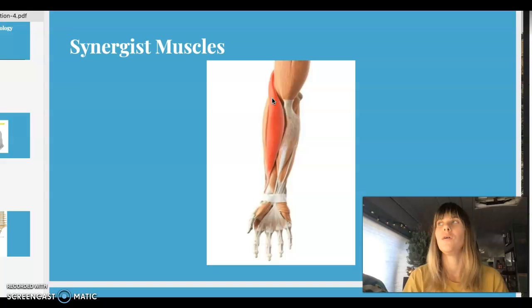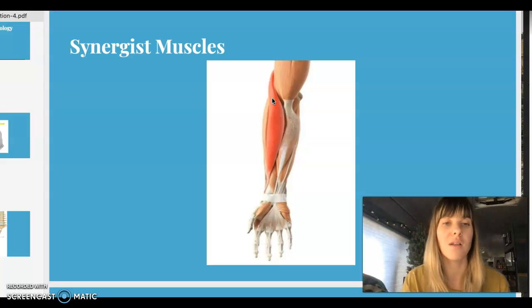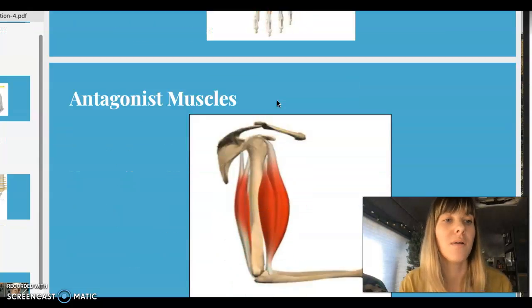And if you feel your arm when you contract it, you can feel your synergist muscles, your agonist muscles, and your antagonist muscles all working together, and they all have a specific job.